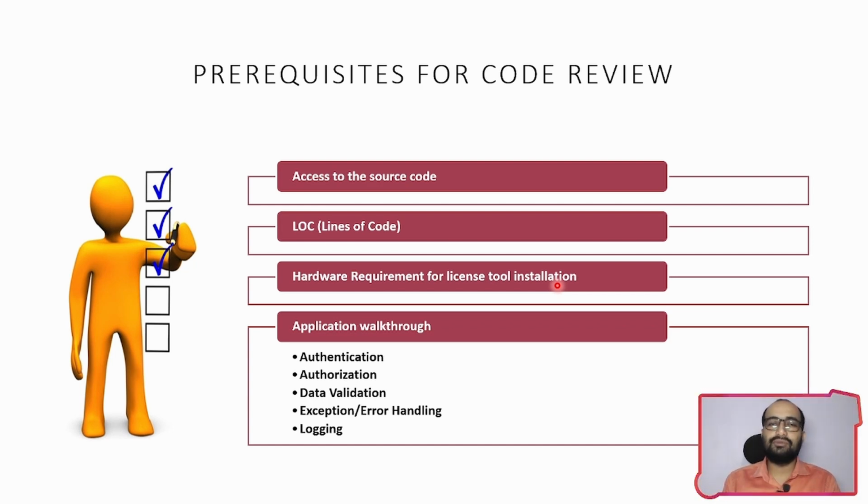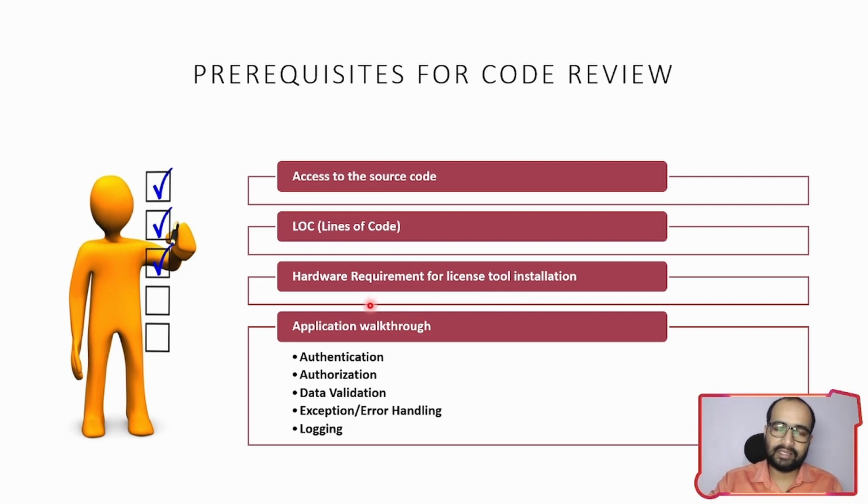So you first need to confirm with the client whether they agree to do the assessment on your machine, or you have to do it on the client machine. If you are going to install the tools on the client machine, you have to tell the client that we need this kind of license and this kind of permission to install the tools and licenses.